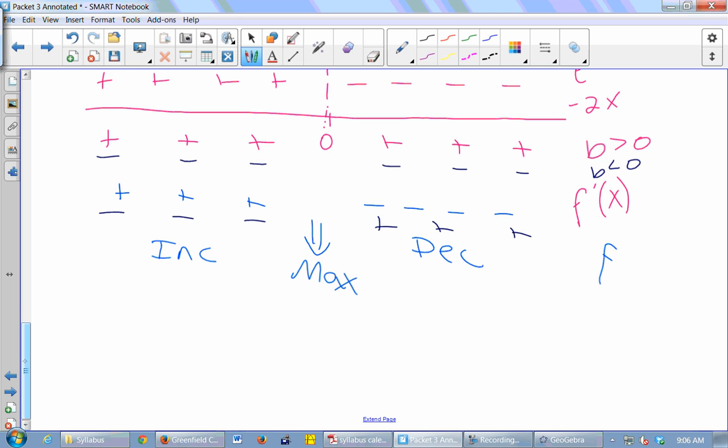And then f actually goes from decreasing to increasing, and we have a min. So it depends on the sign of b, whether it's a max or a min. So in either case, we have a local extreme at x equals 0. When b is positive, it's a max, and when b is negative, it's a min.